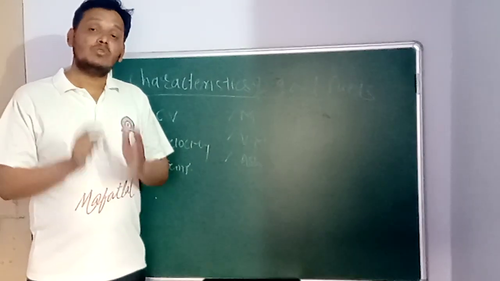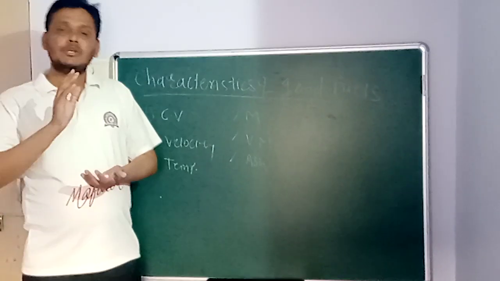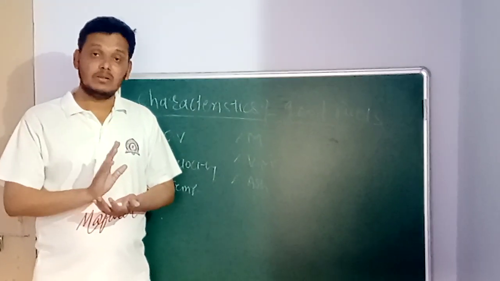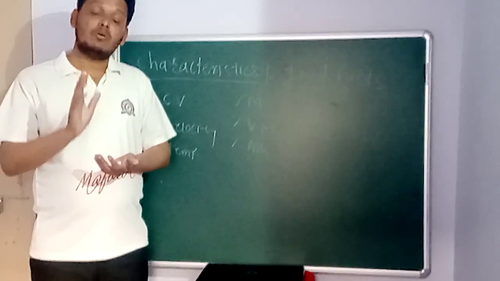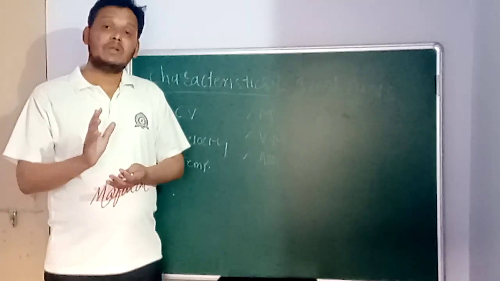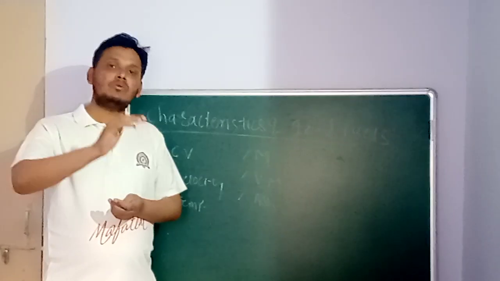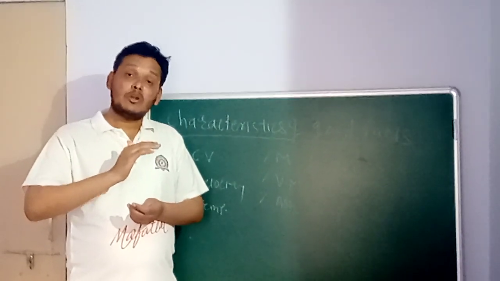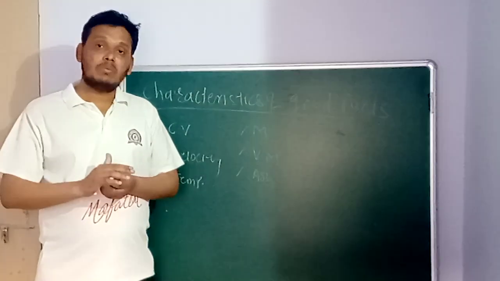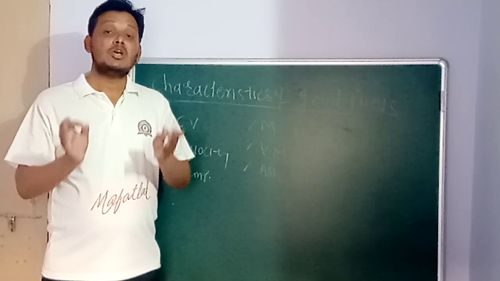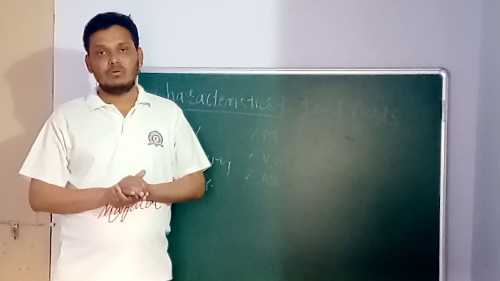Most importantly, it should be easily available in bulk quantity and cheap. It should require minimum space for storage, be easy to transport, and be non-toxic. So these are the characteristics of a good fuel.